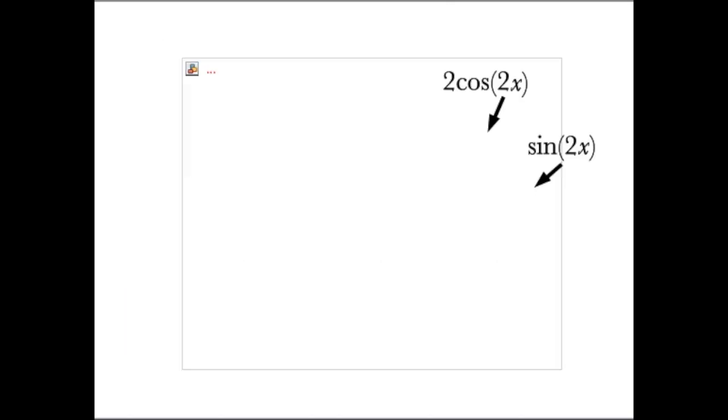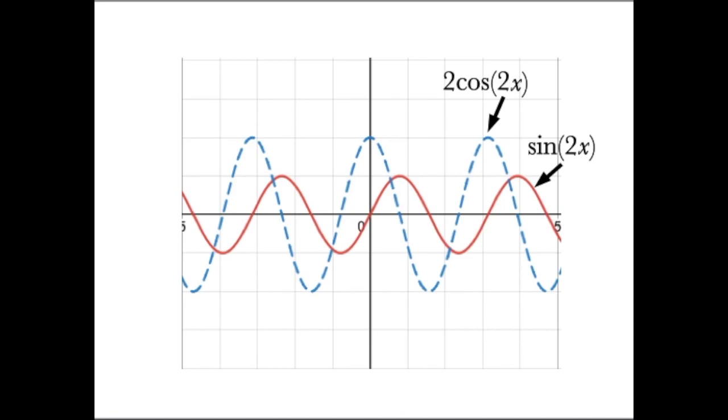And just to confirm, here is the graph of y equals sine 2x in red, and the graph of y equals 2 cosine of 2x in the blue dashed line, and we see that the gradient is now correct. When the sine 2x graph goes through the origin, the gradient is 2, and that's reflected in the blue dashed graph. So we're now a step closer to understanding the chain rule.